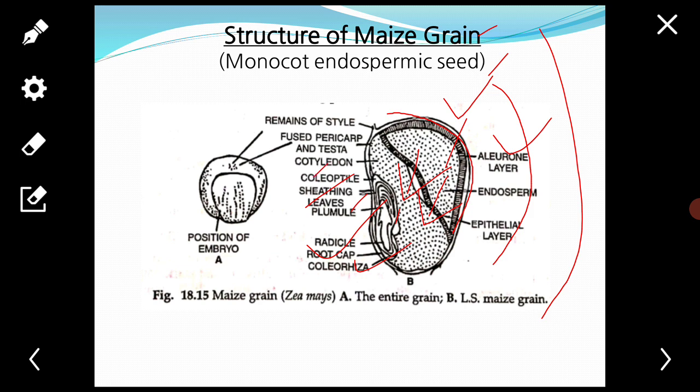The coleoptile is capable of growth and covers the growing shoot tip till it passes through the soil during germination. The coleoptile also possesses a terminal pore which allows the future shoot to pass through it.